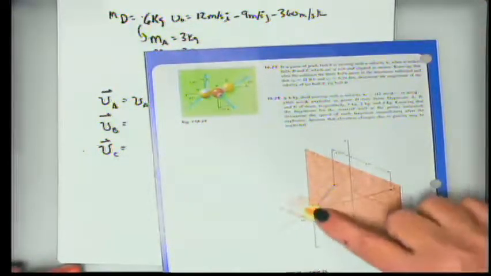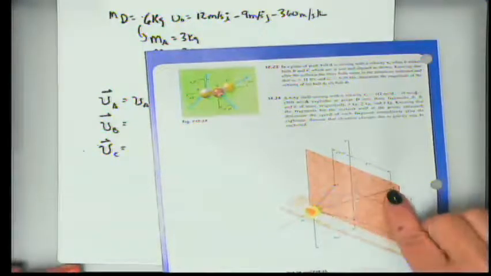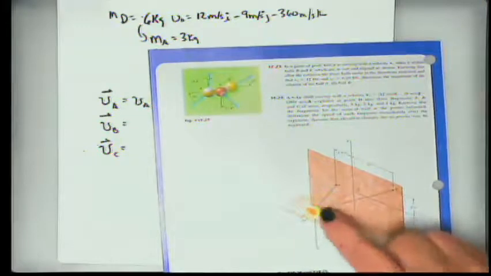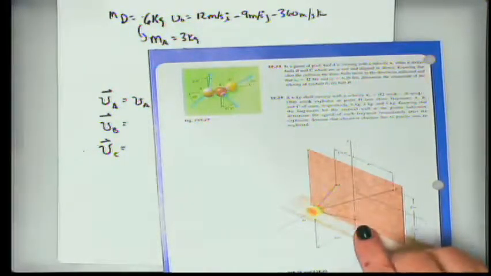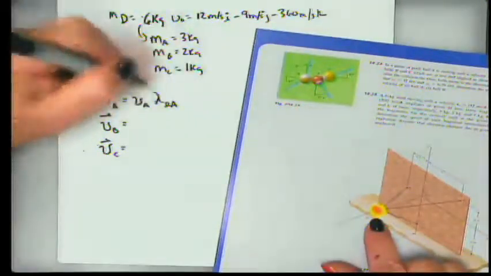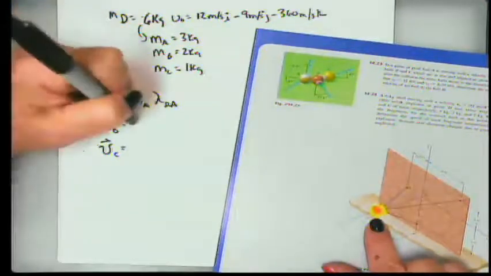In other words, we're saying that the fragment's trajectory is going to be from point D to point A, from point D to point B, and from D to point C. Okay? So if we can find that lambda from D to A, we can express this as a vector.